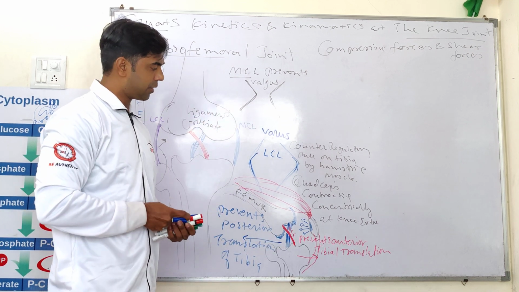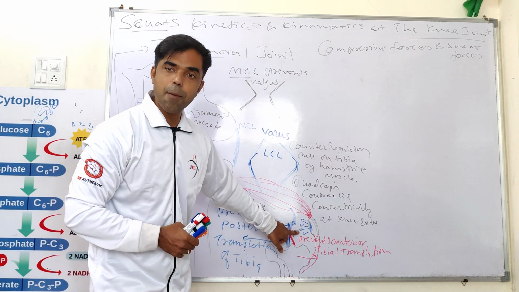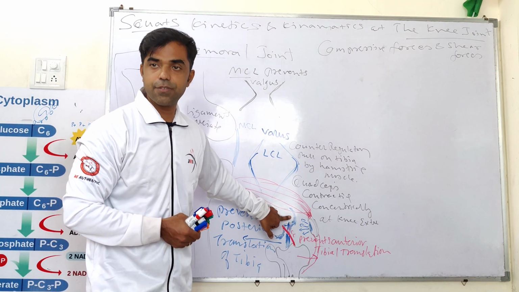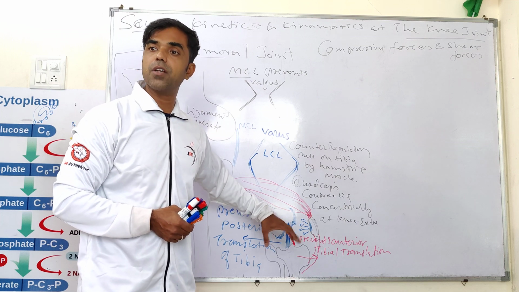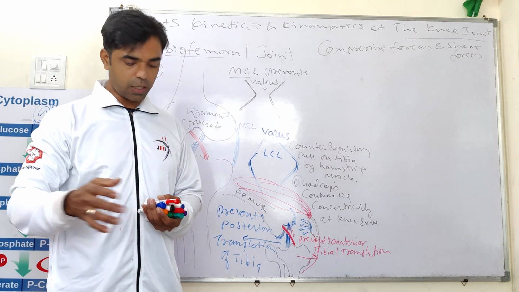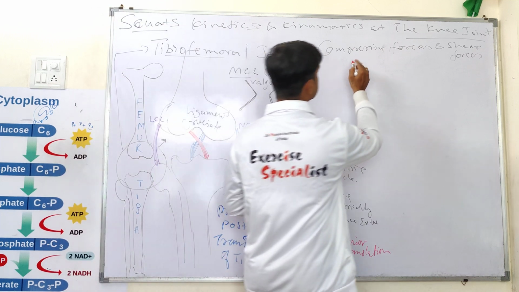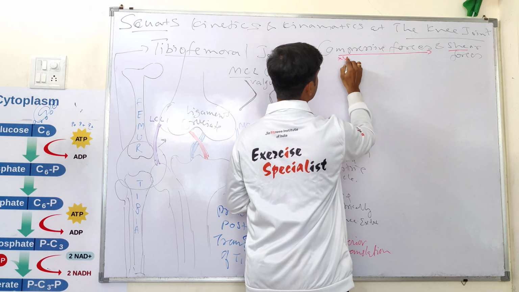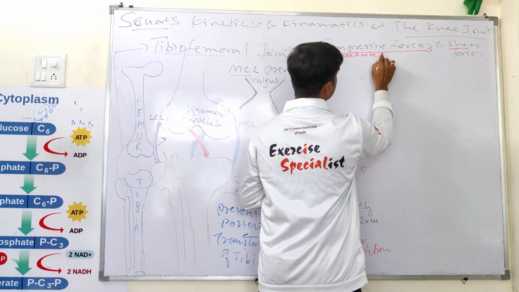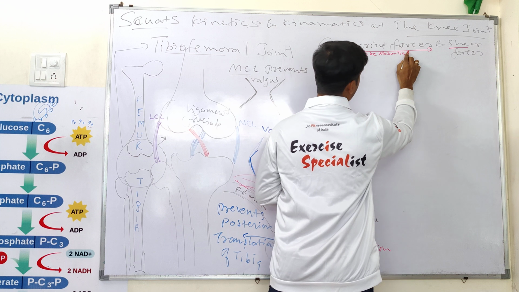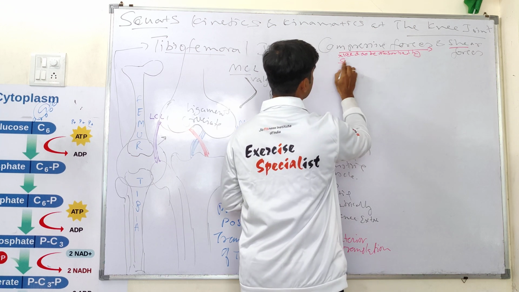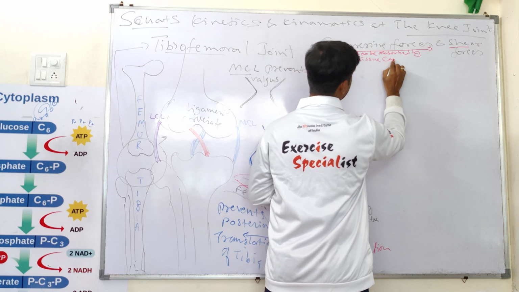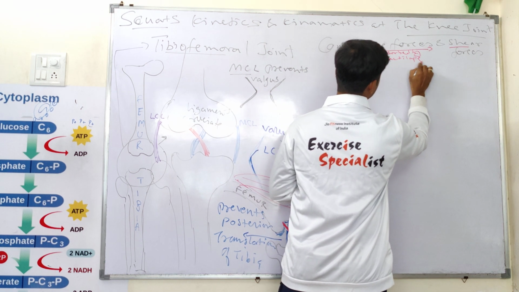And these compressive forces are absorbed by the articular surface of the femur. If they are not absorbed, they will convert into rotational forces, shear forces. So compressive forces need to be absorbed by soft tissue, cartilage, right?